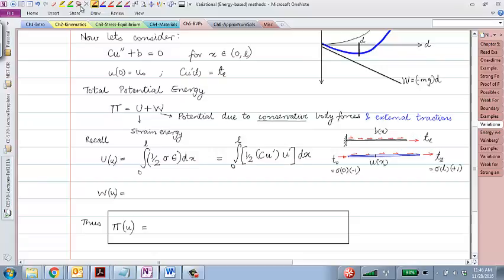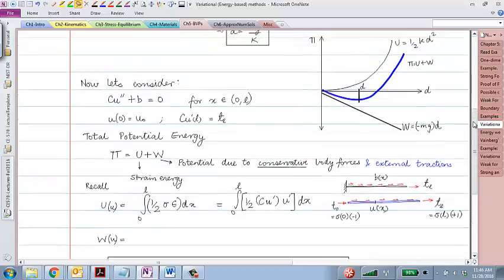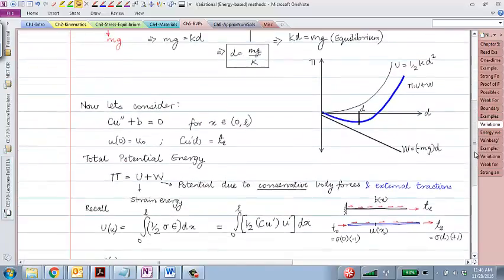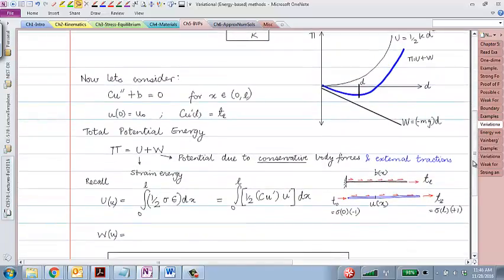How about the potential due to body forces and tractions? Can you come up with an expression that would be similar to this, minus mgd, for this block? Here's one way. If you look at some point in the bar, let's say that point has a displacement u of x.